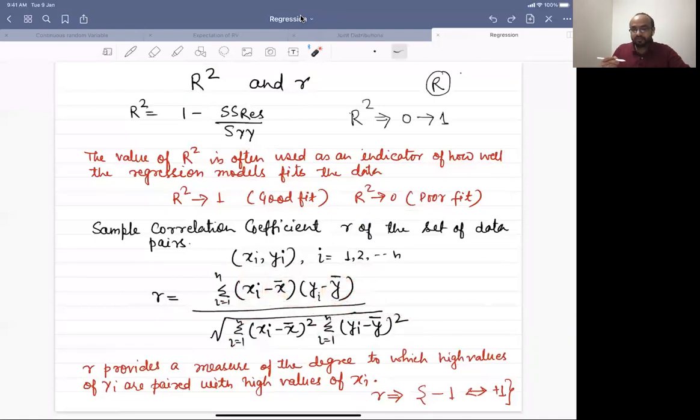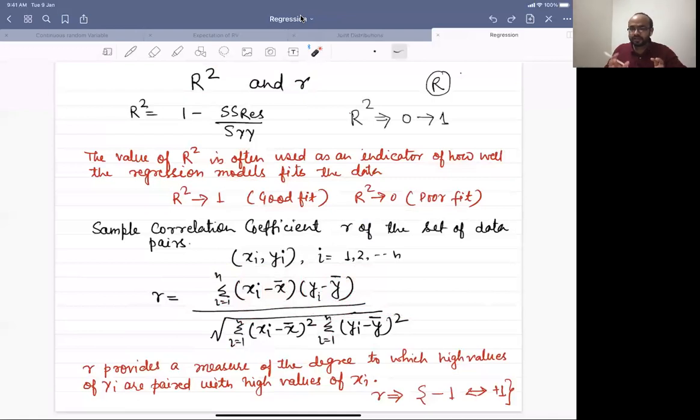On the other hand, if xi is lower than the respective mean and yi is also lower than the respective mean, so xi is smaller than x bar and yi's are also smaller than y bar, still this quantity will be positive because there will be two minuses. But if one of them is higher than the respective mean and the other one is lower than the respective mean, this quantity will be negative.